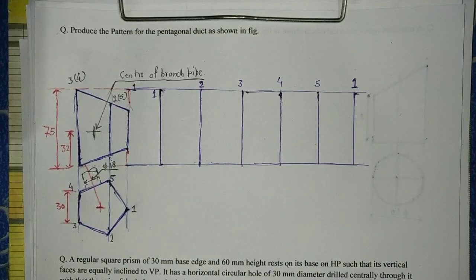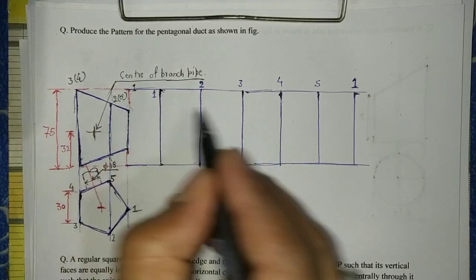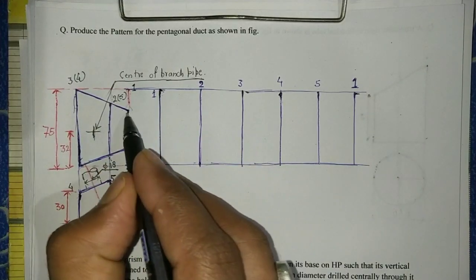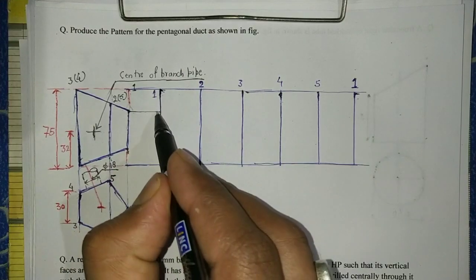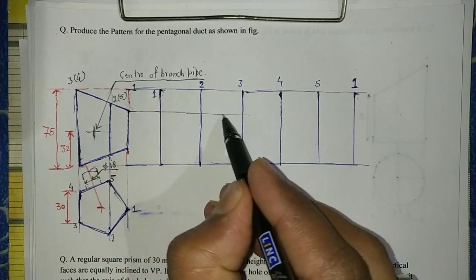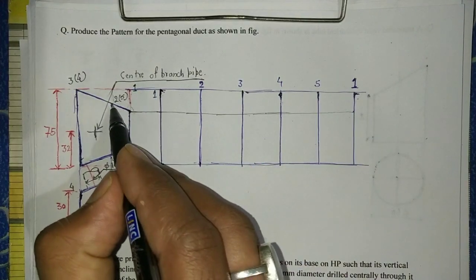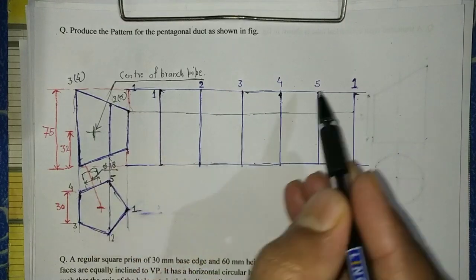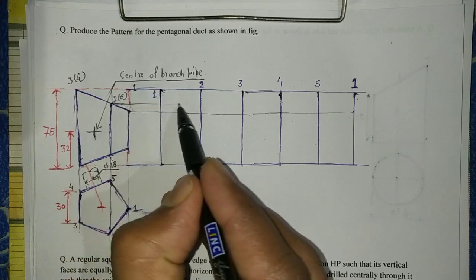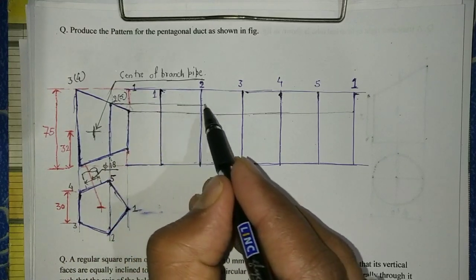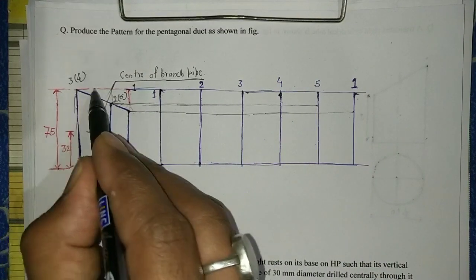Now we will start projecting all the edges onto this parallel line development surface. This is 1, and the edge 1 is also there, so we will project it here. Then 2 and 5, so edge 2 is there, and 5 is there. Then 3 and 4.